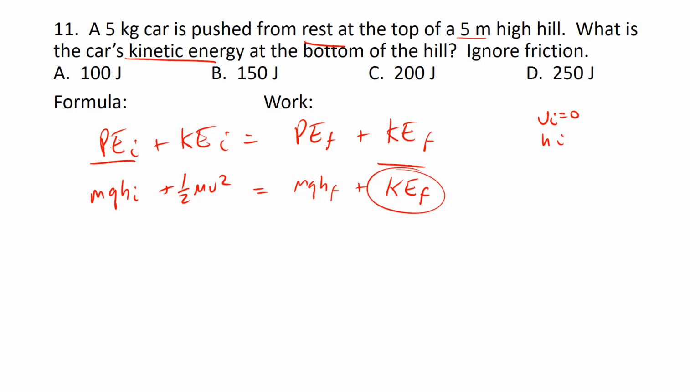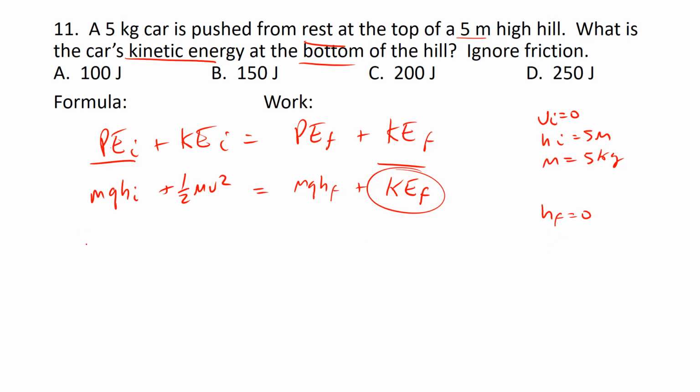Our height initial was 5 meters. The mass was 5 kilograms. Here they're saying the bottom of the hill. So thinking about our final information, our VF equals unknown. No, we're not concerned with that. The question doesn't ask that at all. It asks for the final kinetic energy at the bottom of the hill. So at the bottom of the hill, the height final is going to be 0. And this is all information we have, and this is all information we need.